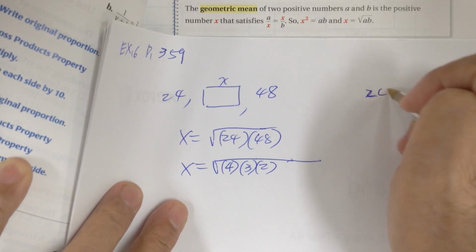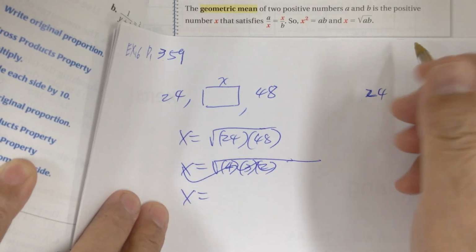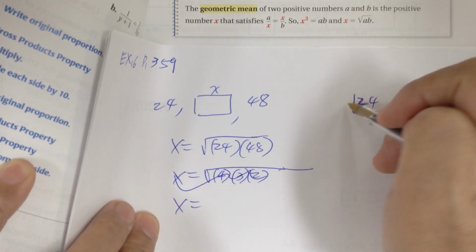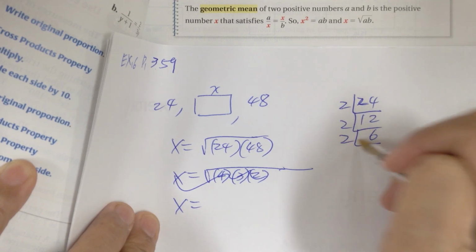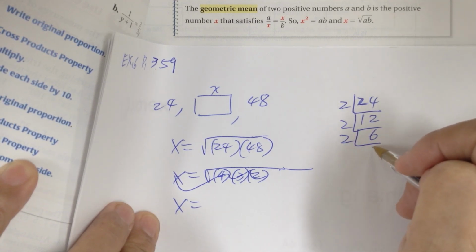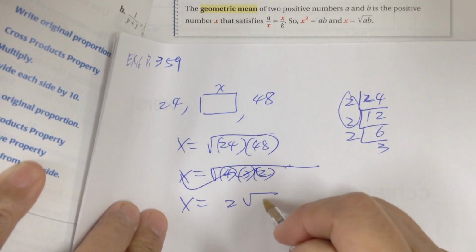Let's not do this. Let's go and use the algebra. So 24, you break down into 2, so 12, divide by 2, you get 6, divide by 2, you get 3. So this comes out, so you're going to get 2 square root of 6.